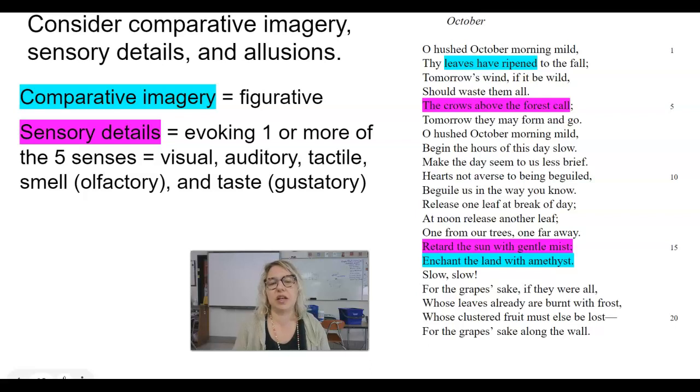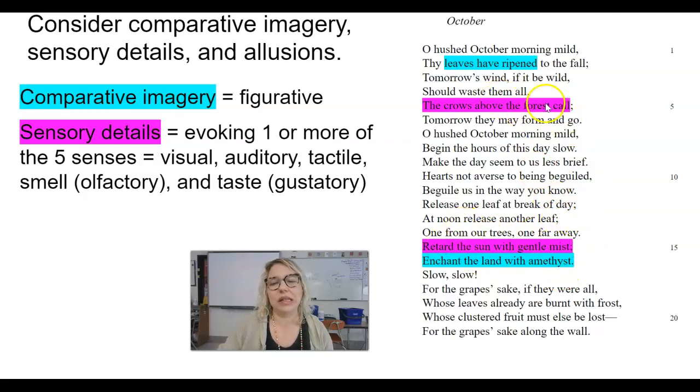Some examples are in purple. "The crows above the forest call, retard the sun with gentle mist." The first example is auditory imagery. The second is visual imagery. In the auditory imagery, we can hear the crows calling. In the visual, we can see it.